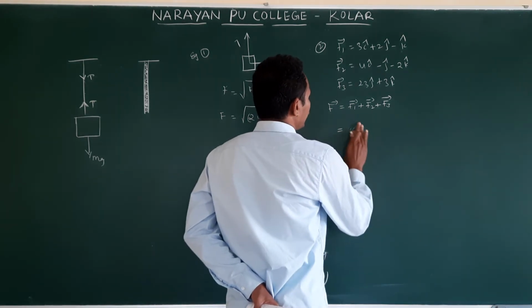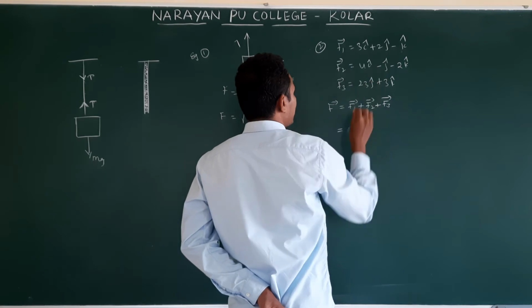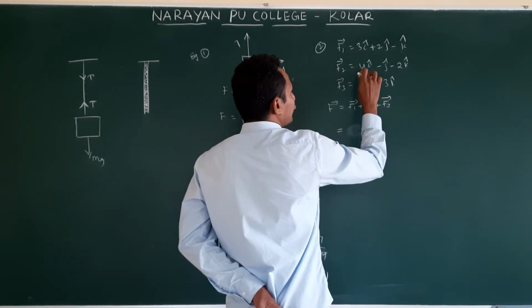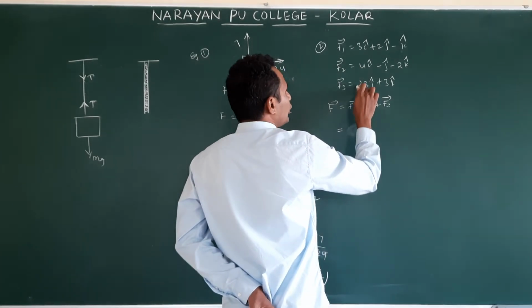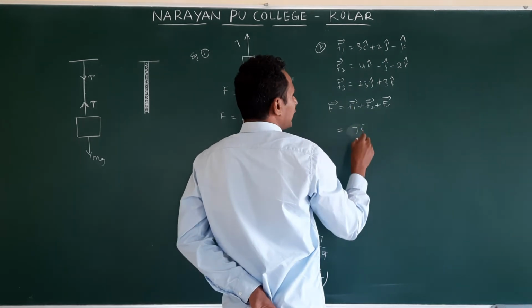I don't do this again, it is a lengthy procedure. Add all the i caps. In the first one 3, then 4, and here i cap is not there, that means 0. So 3 plus 4 plus 0, total 7 i cap.